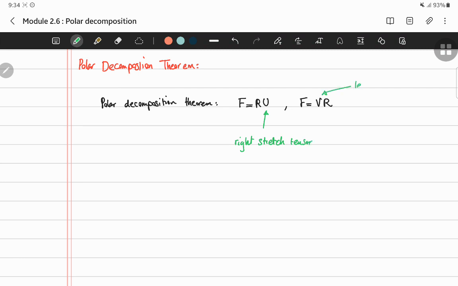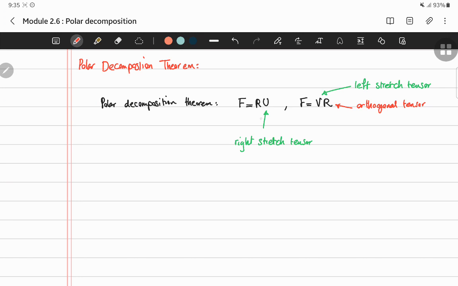V is the left stretch tensor, simply because they sit on the right and the left side of the equation. And R is an orthogonal tensor, or the book said it's a proper orthogonal tensor.